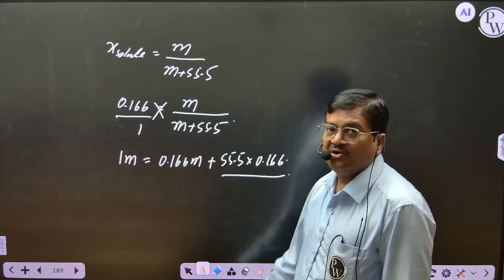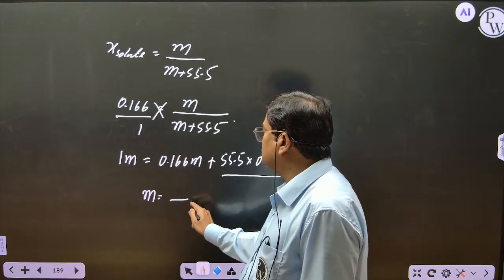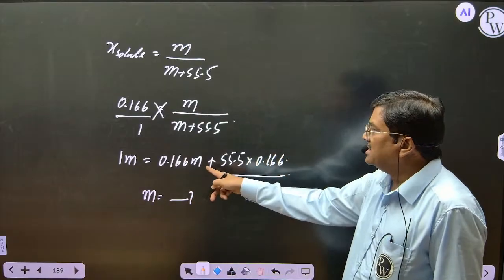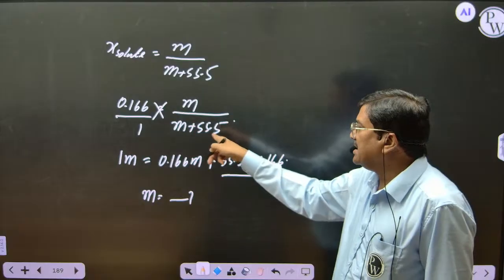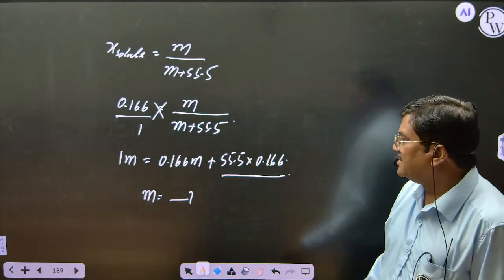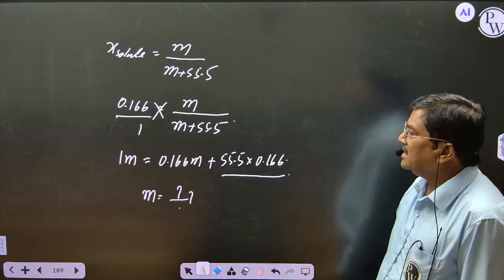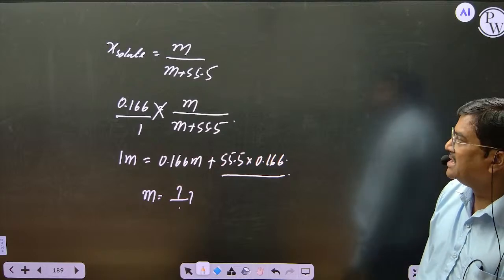And from this find out molality, you get small m. Do the calculation, 0.166 plus the entire thing, you have to multiply 0.166 into 55.5. From this find out molality. This is the relation for molality. So with this all 5 parts we did.